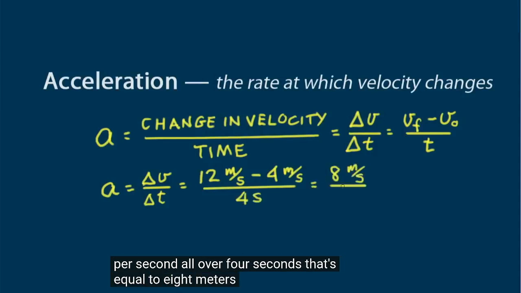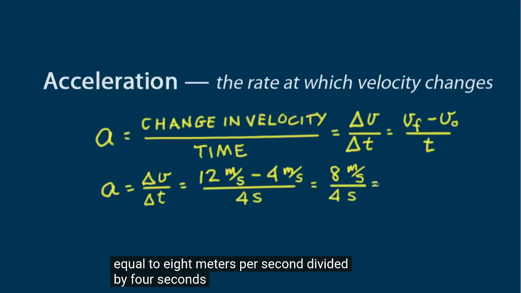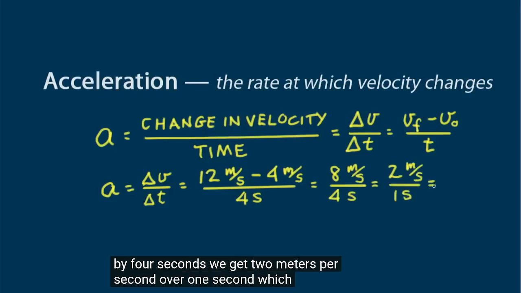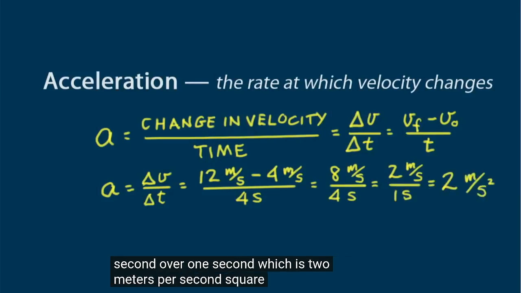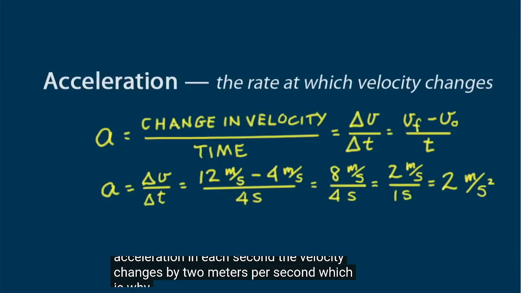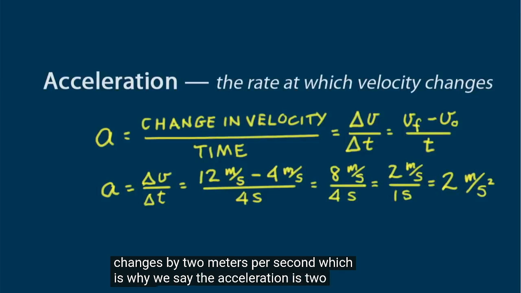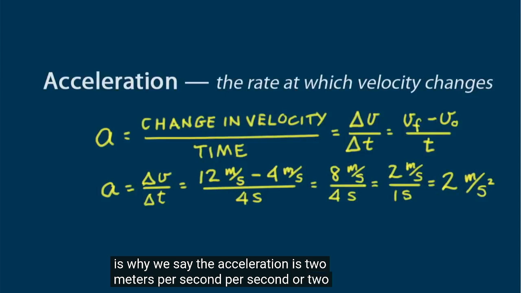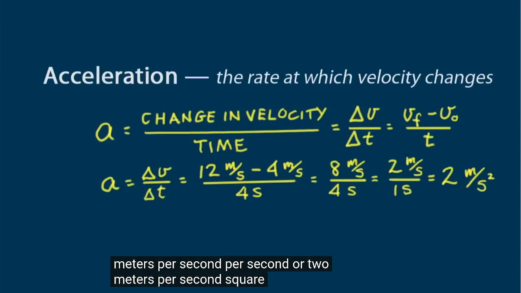That's equal to 8 meters per second divided by 4 seconds. We get 2 meters per second over 1 second, which is 2 meters per second squared. That's the acceleration. In each second, the velocity changes by 2 meters per second, which is why we say the acceleration is 2 meters per second squared.